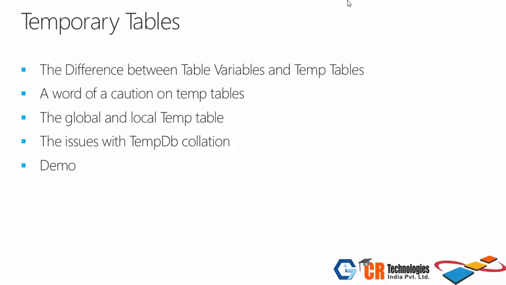Now, temp tables have two types of creations. You can have a global temp table or a local temp table. A global temp table is created with a double hash next to the table name, and a local temp table is created with a single hash. In terms of their lifespan, both of them would cease to exist once the connection that created them is disconnected. The difference, however, is who can see these tables while they exist.